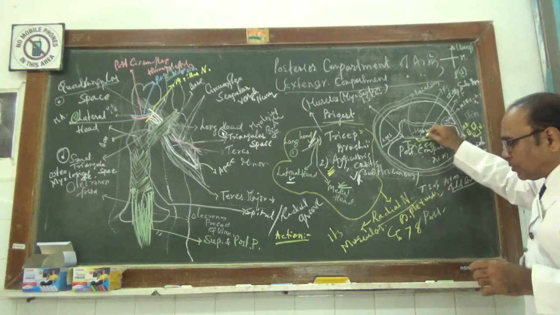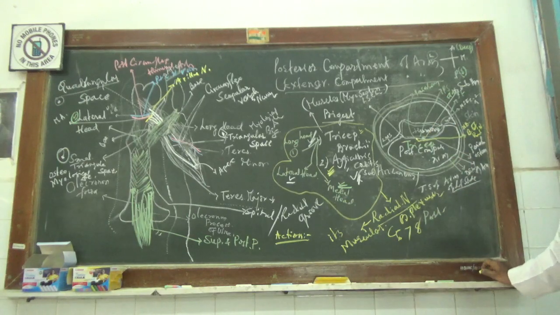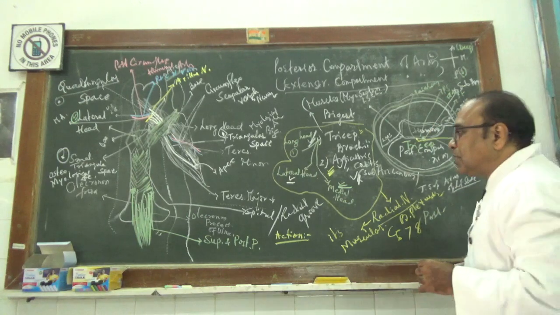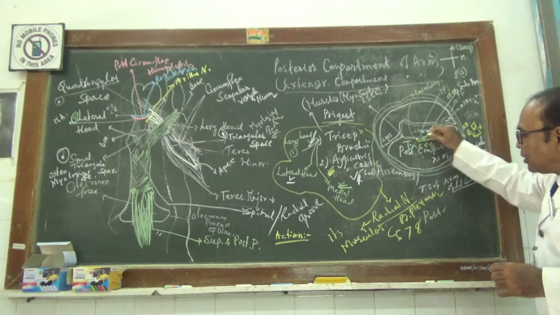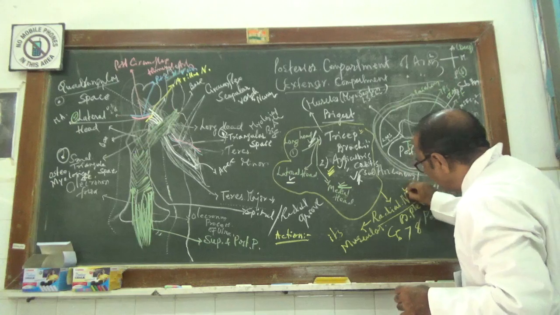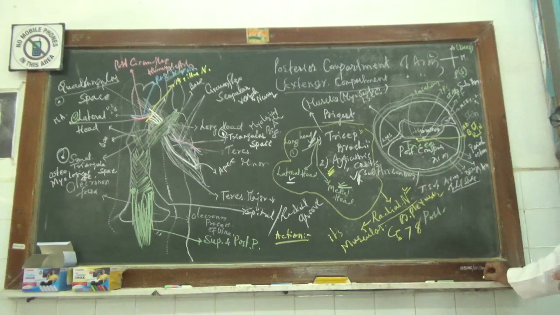From that point this muscle runs down and gets inserted on the capsule of the elbow joint. Now the nerve supply for this is the same muscular branches of the radial nerve.